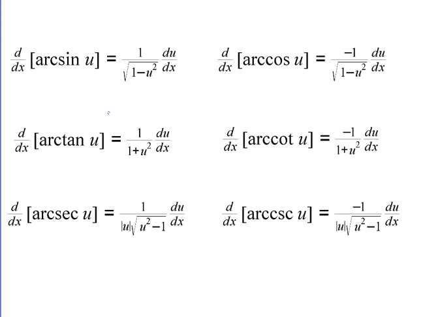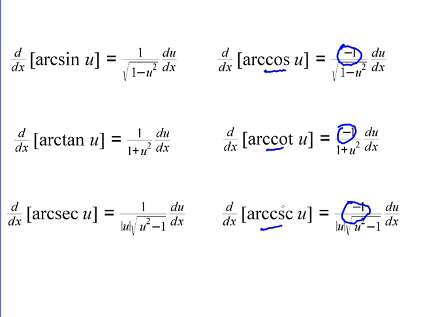And each of these trig functions has its own rule. Now notice a little similarity here. All the co functions, arccosine, arccotangent, arccosecant, all have a -1 out front. And notice all the other trig functions like arcsine, arctan, arcsecant have a +1.